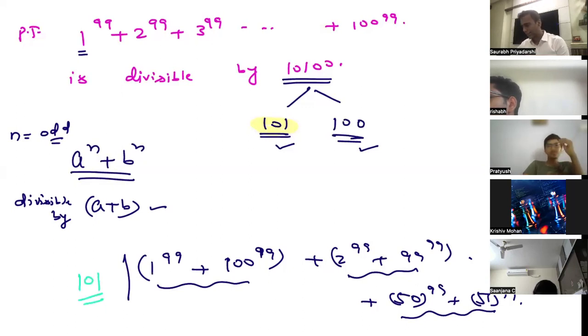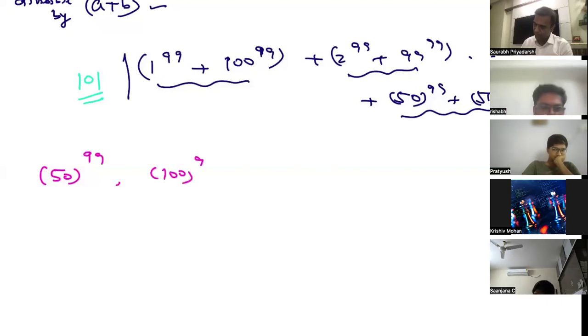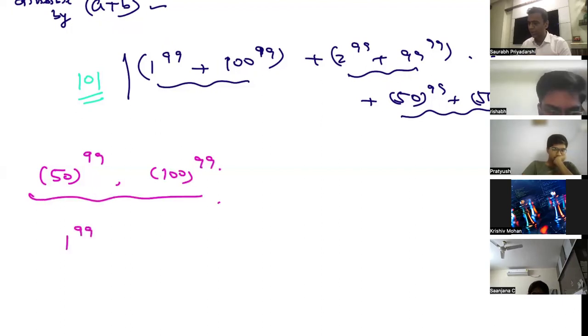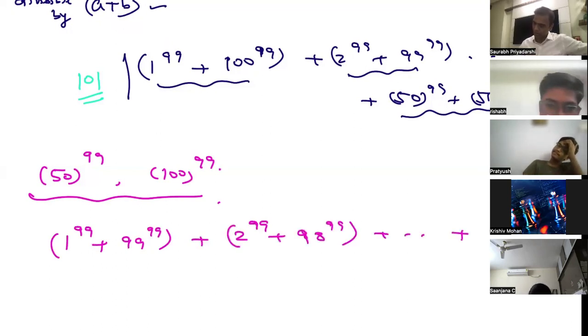Secondly, I have to prove this must be divisible by 100. So now, except 50 to the power 99 and 100 to the power 99, I'm taking 1 to the power 99 plus 99 to the power 99, and pairing again.